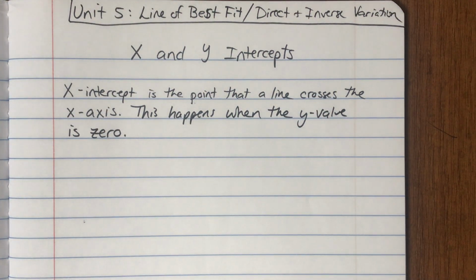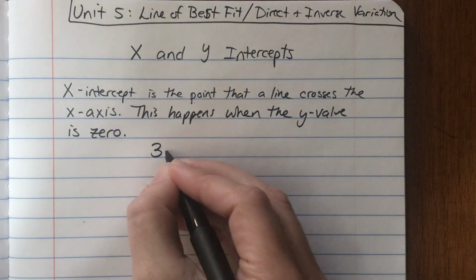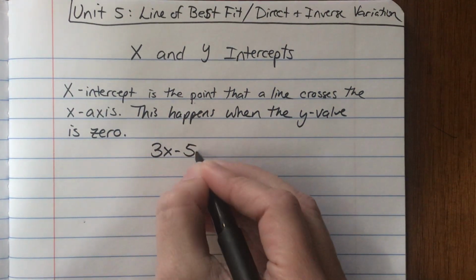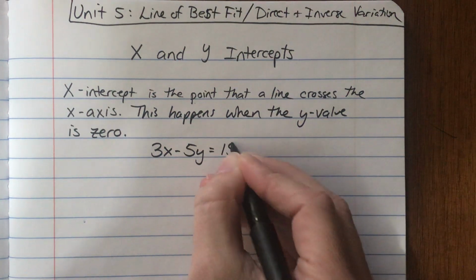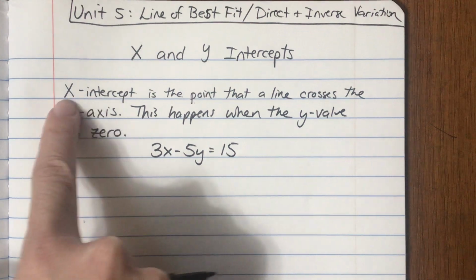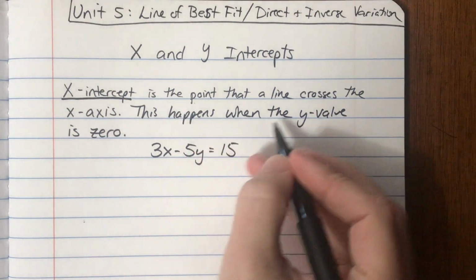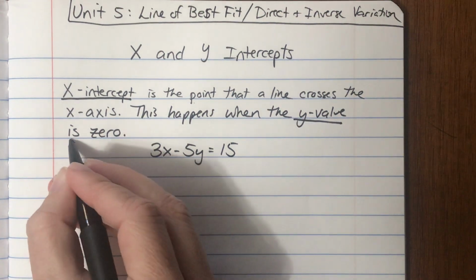So if I were to give you the equation, let's say 3x minus 5y equals 15. And if you wanted to know where the x-intercept was, the way you would find this is you would make the y value 0.